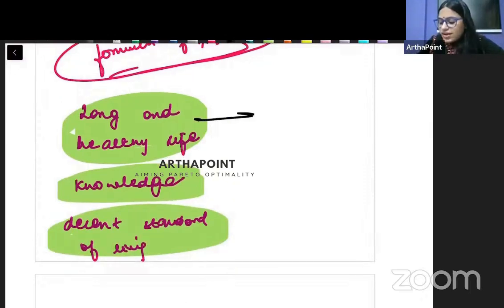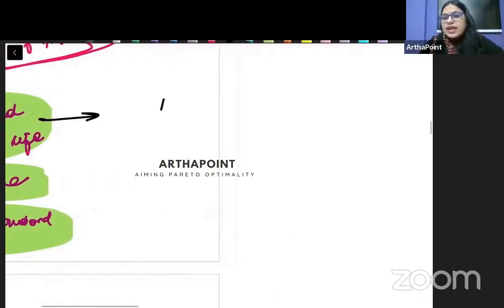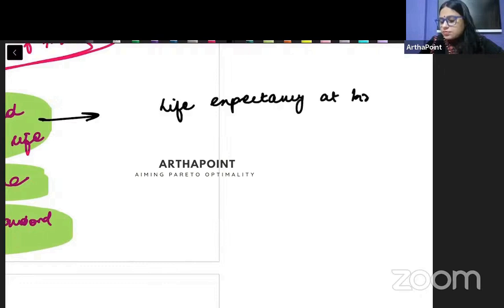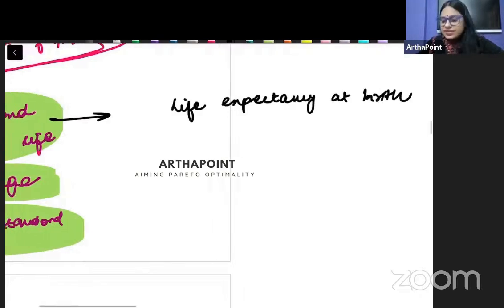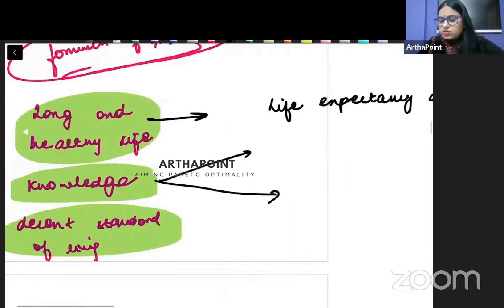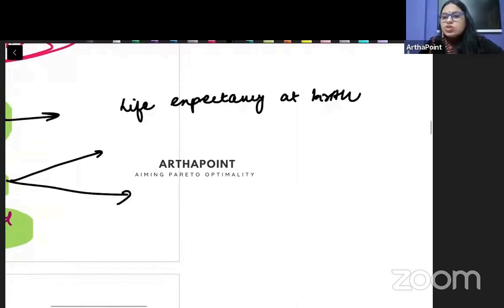Long and healthy life, longevity, can be measured by life expectancy at birth. But knowledge can be measured with two things average. पहला हो जाता है जिसे हम बोलते हैं expected years of schooling.